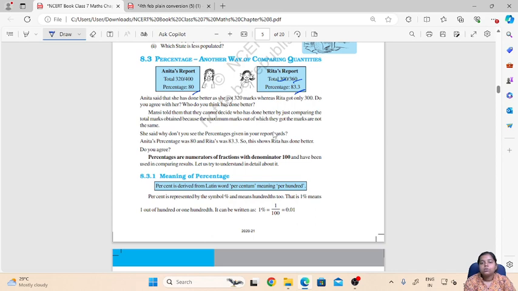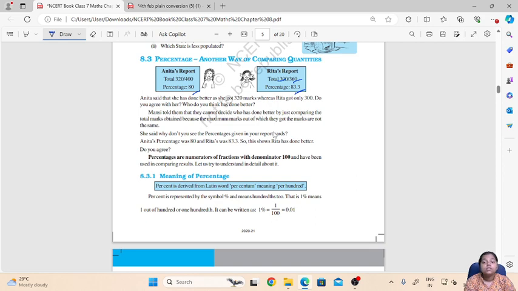They told this situation to their third friend, Mansi, and she told them they cannot decide who has done better just by looking at those marks, because the total is different. Anita got 320 out of 400, whereas Rita got 300 out of 360.